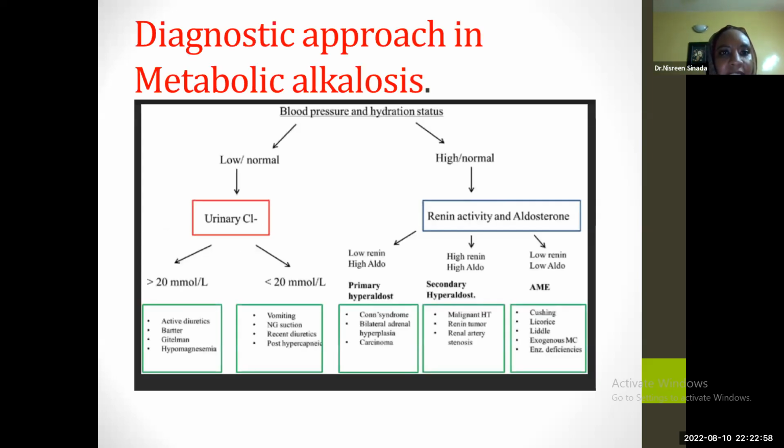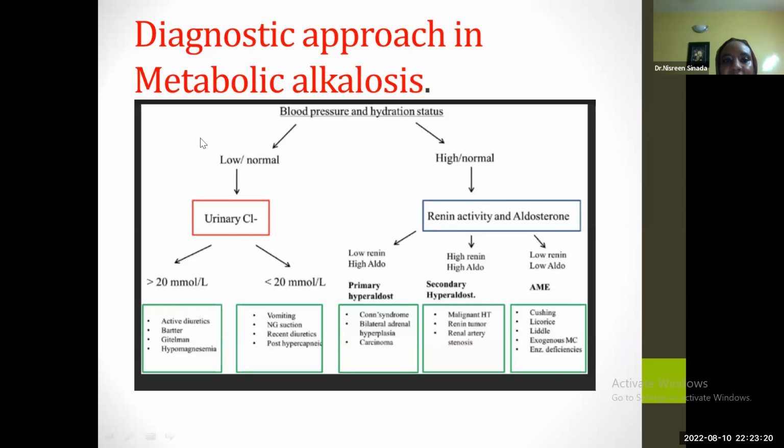Okay, this is the diagnostic algorithm for metabolic alkalosis. Some people said Bartter and Gitelman. When you have a patient with hypokalemic metabolic alkalosis, the first thing, you measure the blood pressure and assess the hydration status.